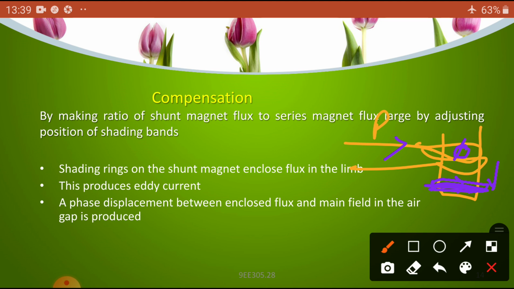The shading ring is nothing but a number of turns. The AC flux is linked by this number of turns. Then, as per Faraday's laws of electromagnetic induction, it also induces its own EMF. The induced current flows and it also produces flux. This flux is of such a nature that it opposes the main flux. So here also we produce a Vinayaka.